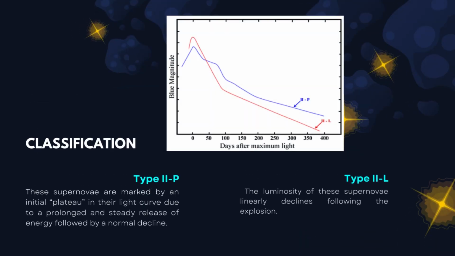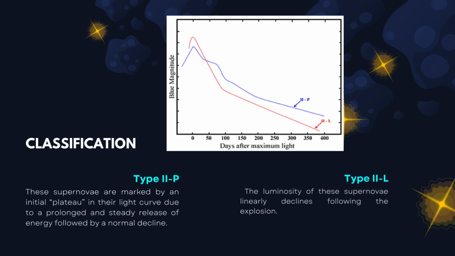Classification: Type IIP supernovae. These supernovae are marked by an initial plateau in their light curve, indicating a prolonged and steady release of energy, followed by a normal decline in brightness. The plateau phase results from the recombination of hydrogen in the outer layers of the star.